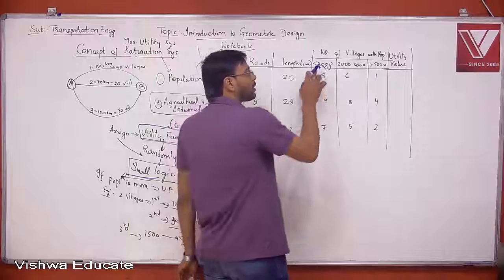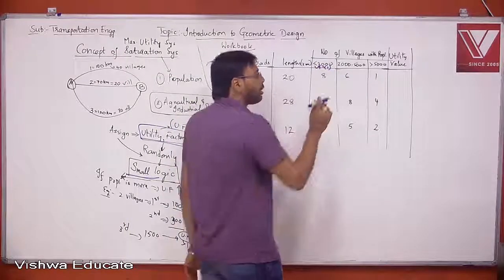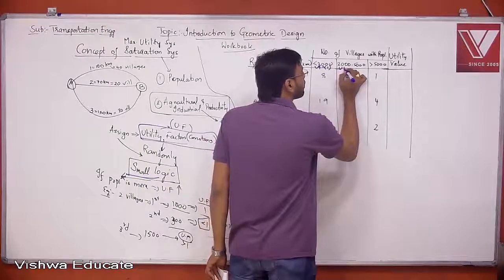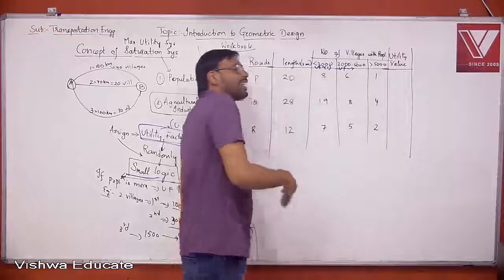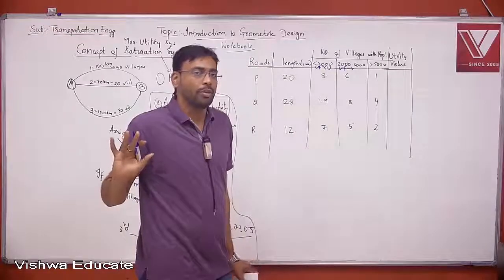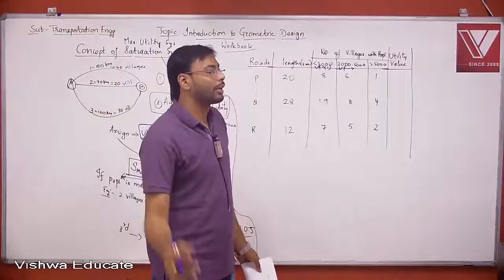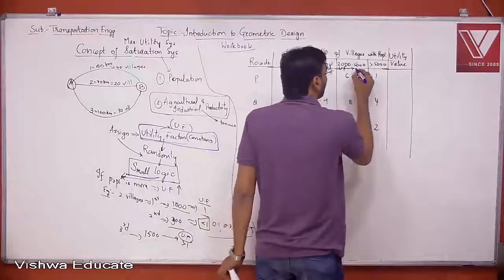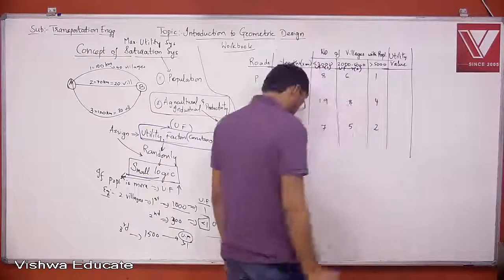So if the population is less than 2000, you have considered it as 1. As the population now is more, I simply take this utility factor as anything more than 1. You can take it as 1.5, 5, 10, 100, whatever it is. But to make my calculation simpler, I take it as 2.